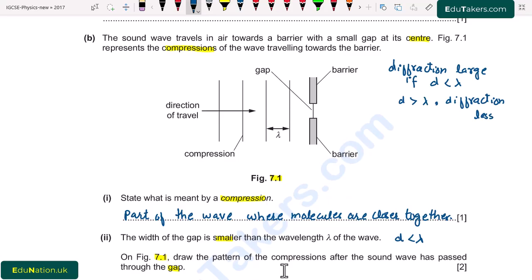Diffraction is basically the bending of wavefronts into the circular shape. So when these compressions pass through the barrier and come on the right side of the barrier, they bend into the circular shape. So I am going to draw here these compressions. This is the first compression, and we have to be very careful that the distance between two compressions must be the same. It will be constant, it does not change. So you have to draw it carefully.